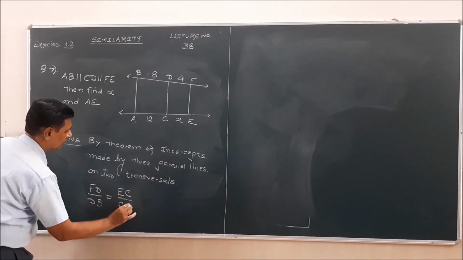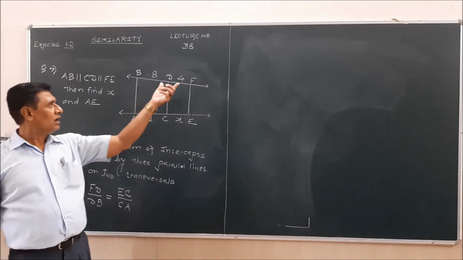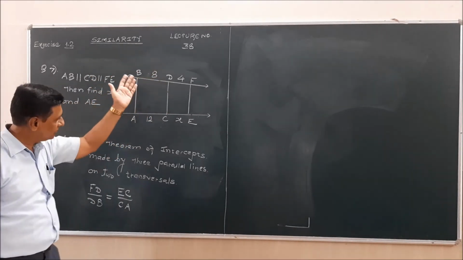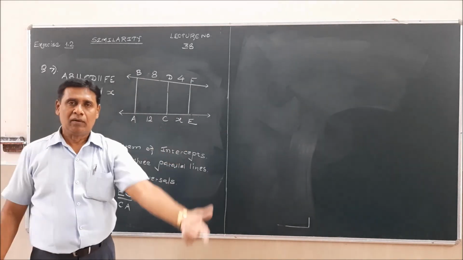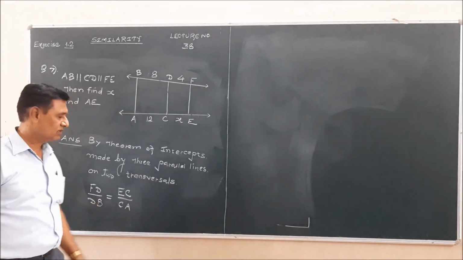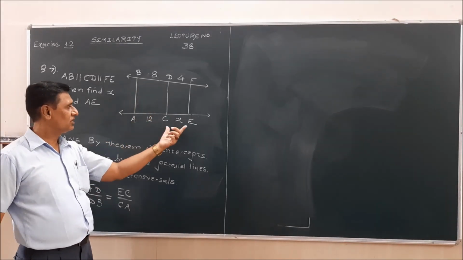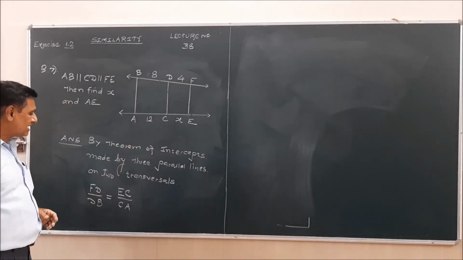The ratio of the intercepts made by three parallel lines on one transversal is equal to the ratio of the intercepts made by three parallel lines on the other transversal. So FD upon DB is equal to EC upon AC.